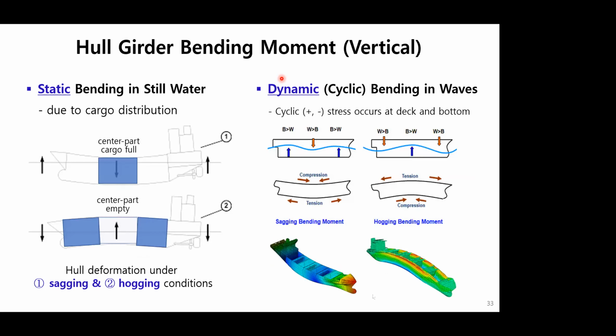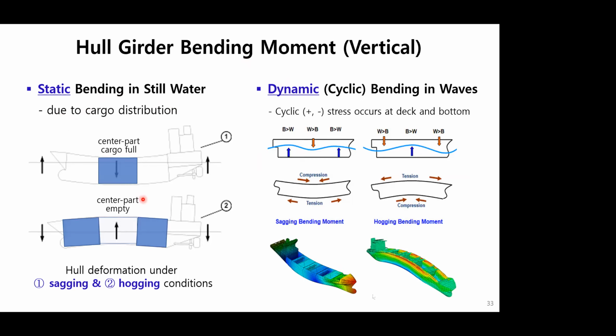First of all, the vertical hull bending moment is the most important and the most critical loading when designing ship hulls. First, we can think about the static component, which is the still water bending moment due to cargo distribution.